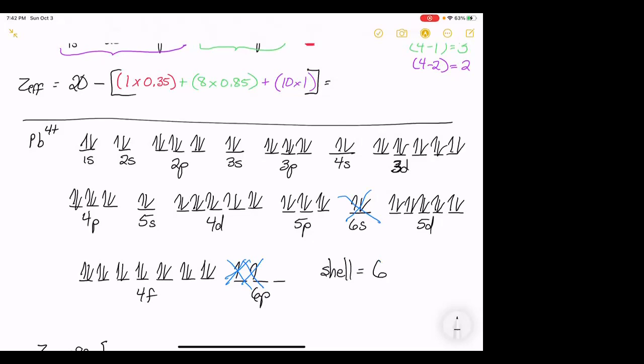N-1 would be 5. So the 5d's here would be a 1 because they're N-1, and also these 4f's would be a 1 because it's N-1 or lower.